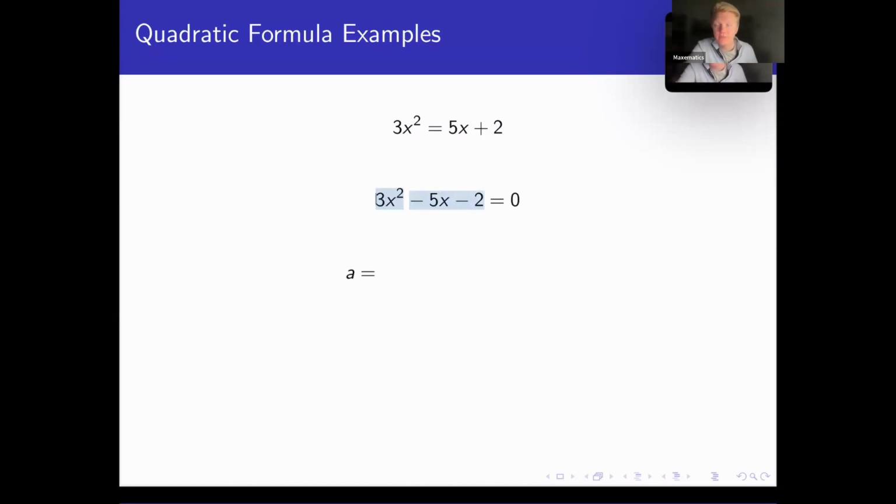So a is 3, b is -5, and c is -2. I'll do that again. Ax squared plus bx plus c. Ax squared, a is 3, plus bx, b is -5, plus c, c is -2.